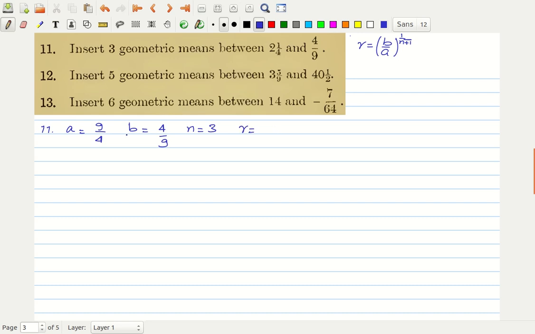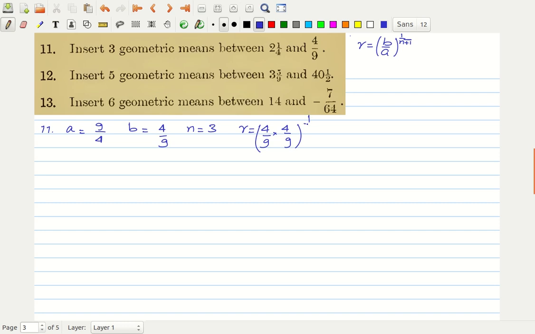Sorry, we have to do B by A, right. So B by A is 4 by 9 divided by 9 by 4, which means multiplied by 4 by 9. This thing to the power 1 by n plus 1.